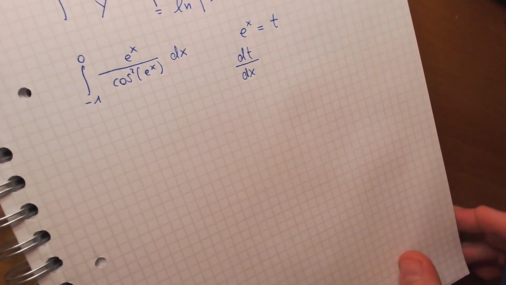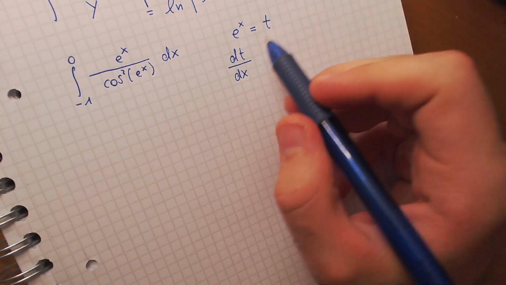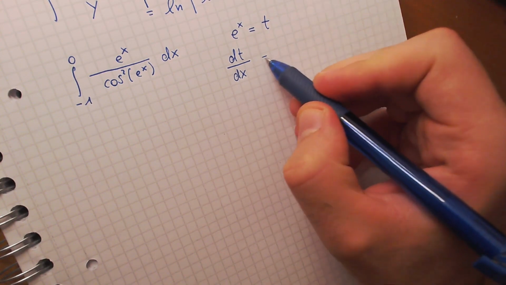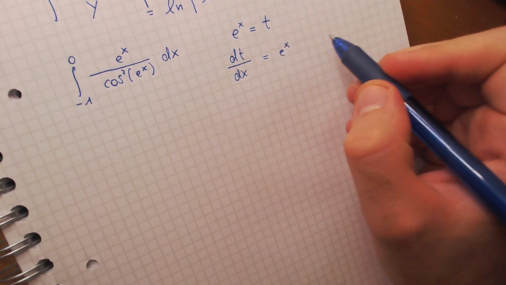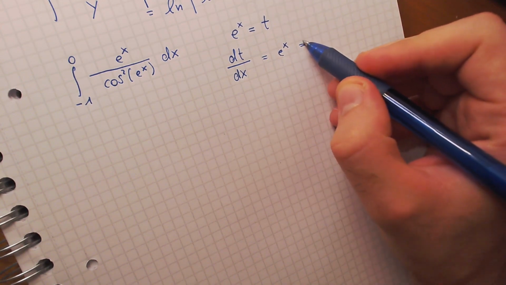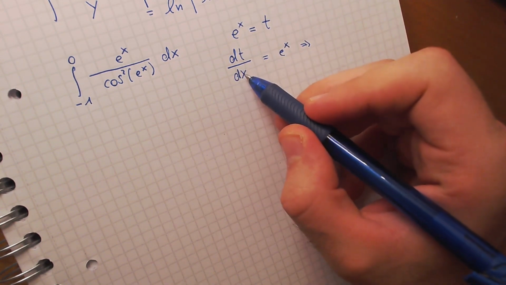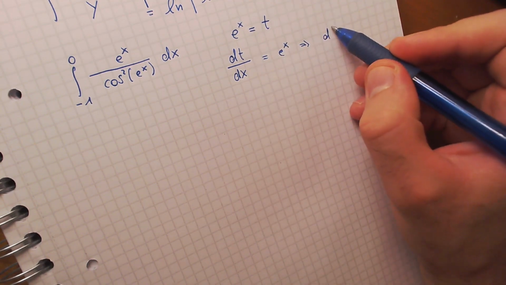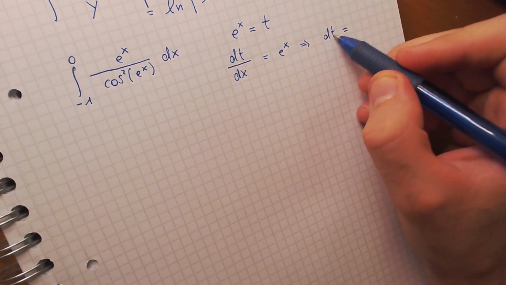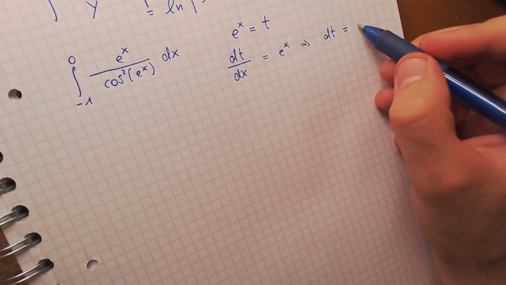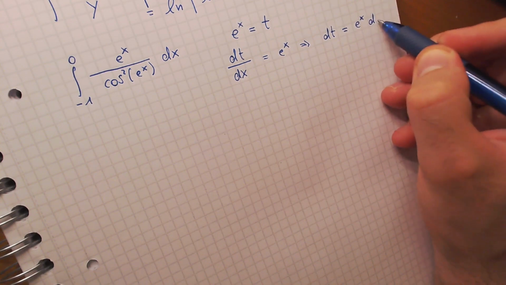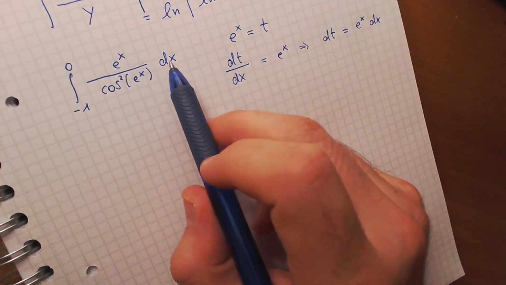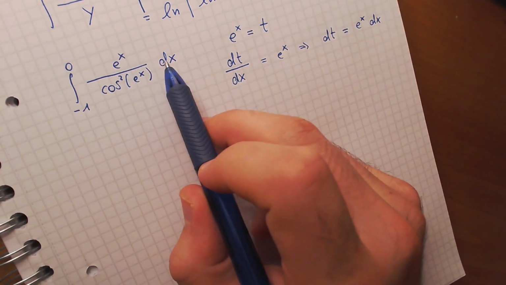Since t is e to the x, the derivative of t will be just e to the x, so we can move the dx to the right side of this relation. This means that dt, the new infinitesimal term, will be e to the x times dx, which is again what we have here as a numerator.